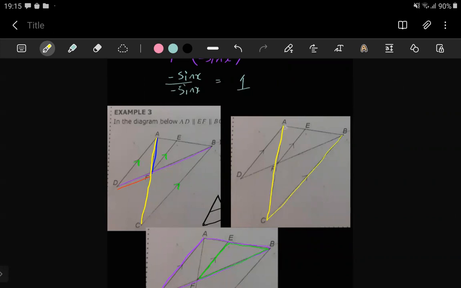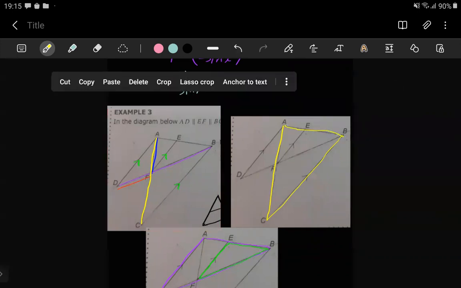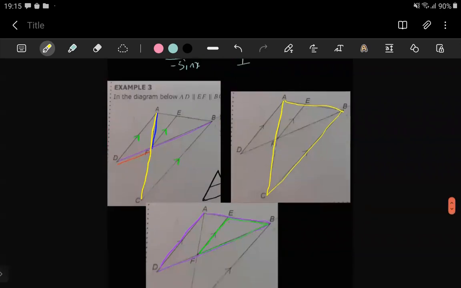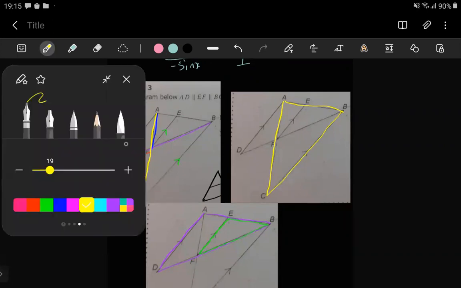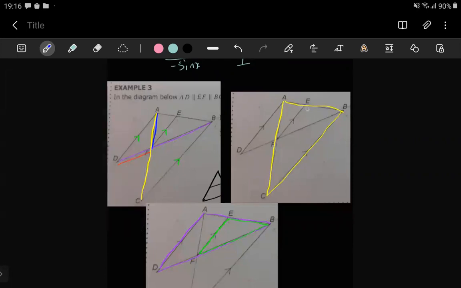This would be my thinking. If we bomb out, luckily we have that. We can just double check what they did and be humbled. So if you're thinking of this big triangle over here, thinking of the proportionality theorem, the only other triangle that looks like it would work is this one over here.